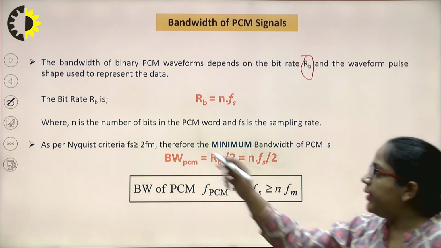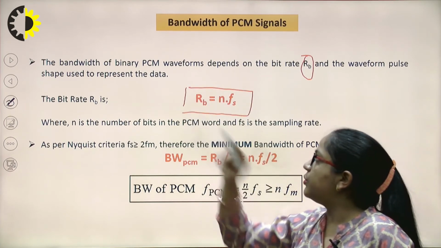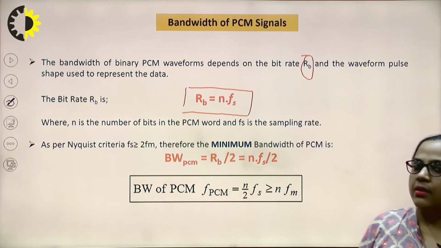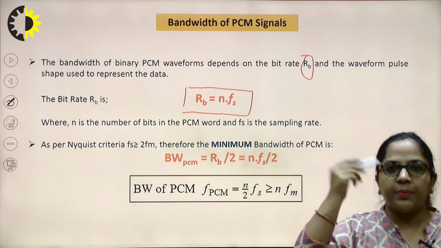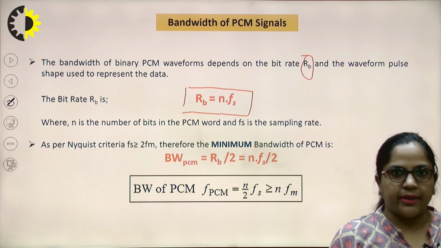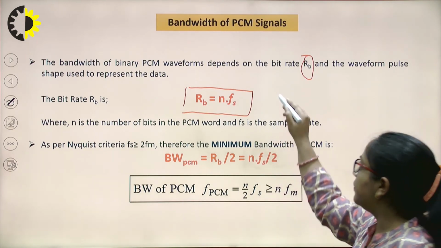The bit rate is defined by the relation R_B = N·Fs, where N is the number of bits required to represent each level and Fs is the sampling rate.